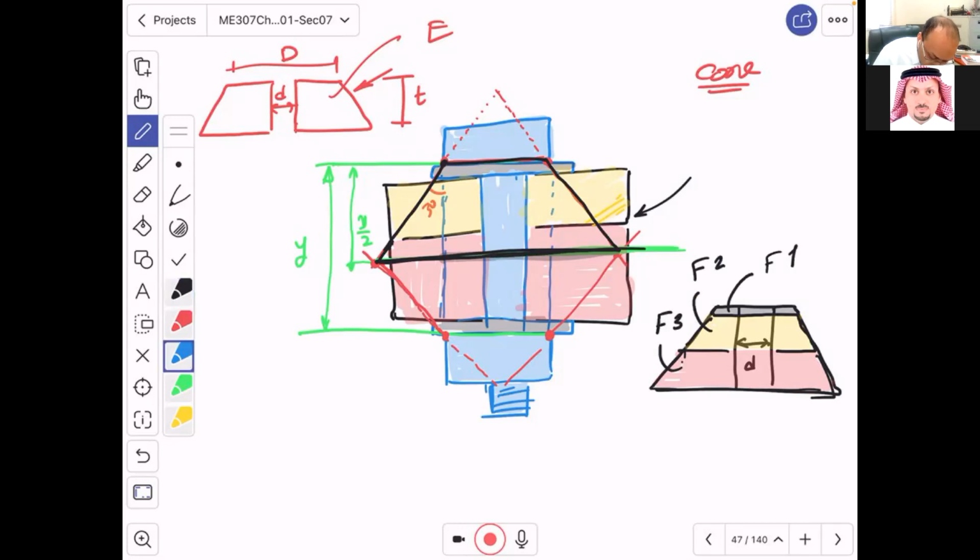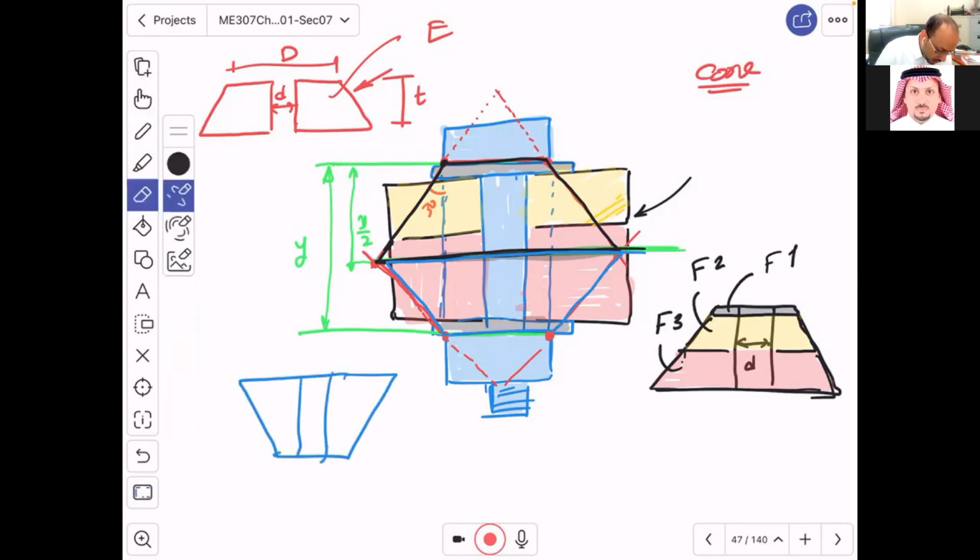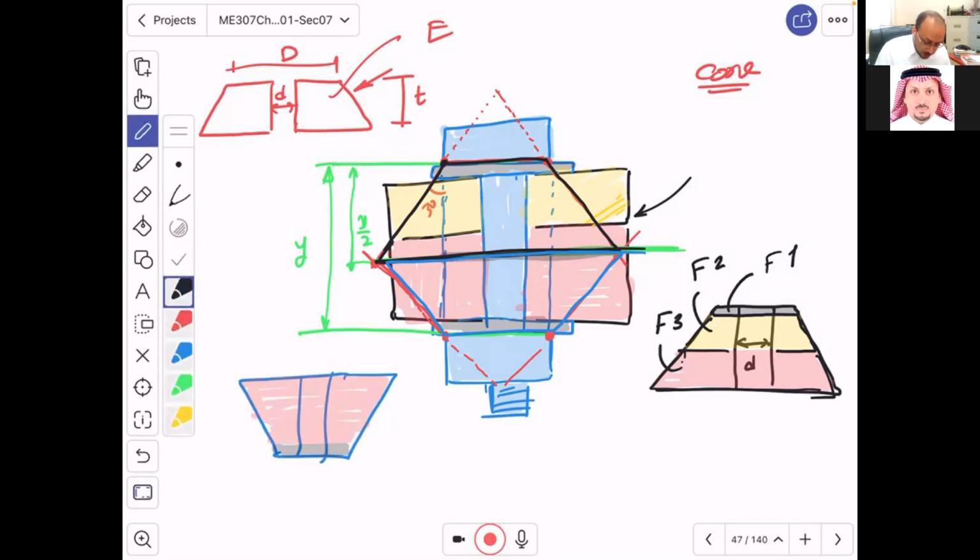This big one. So the blue one now has what? It has one little washer and the remaining is red. So using the same analogy, ya shabab, I am going to split this into a frustum, which is like this.